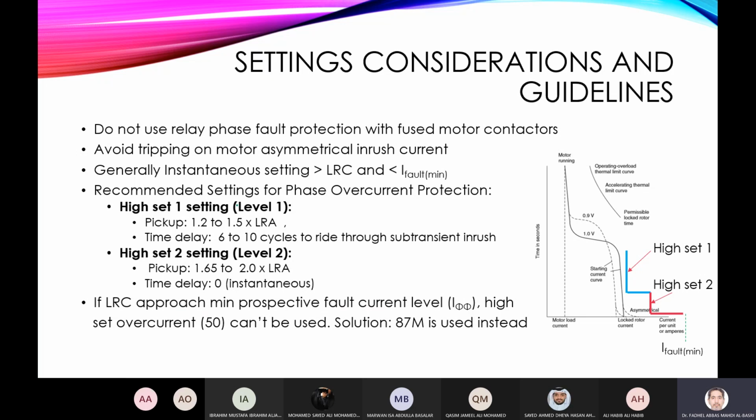And how do we set those settings? As I mentioned previously, I would use instantaneous relays to detect short circuits. The setting has to be greater than the locked rotor current. This is the locked rotor current, but even higher than the asymmetrical locked rotor current, which is the starting current with the decaying DC component.